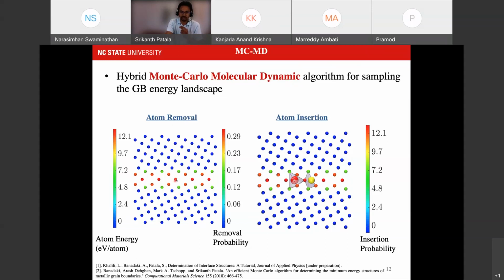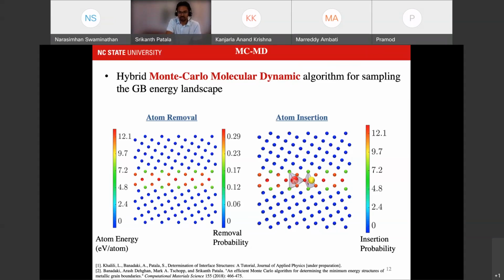We remove a single atom from the grain boundary, and we remove it stochastically. So the higher the energy of the atom, the more likely it is to be removed from the grain boundary. We also insert atoms, and we realized this is a very important step, because if you don't have insertion, the removal starts to cause voids within the grain boundaries and gives a pretty unphysical structure.